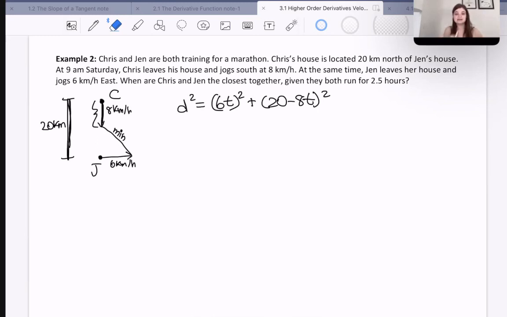So that's how to set up the equation. I find that it's the setup that's the hardest for most students, and recognizing that this is really just using Pythagoras' theorem and then being a bit more creative as to how we're going to get this distance and this distance exactly. Because this distance is relative to whatever time it is, we don't actually know what the distances are. That's what we're trying to figure out in a sense. We're trying to optimize that distance.